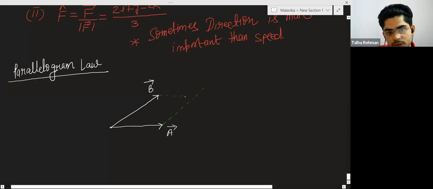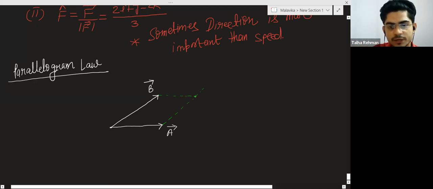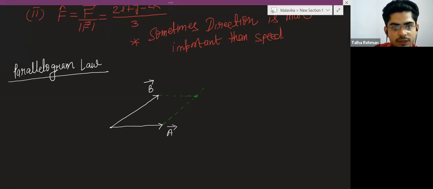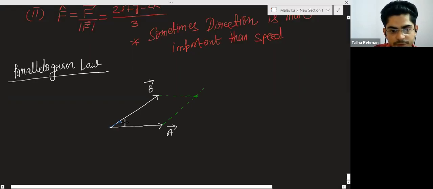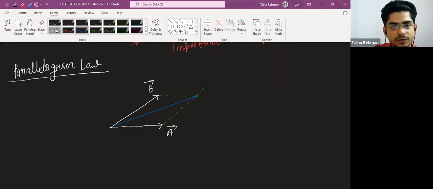If you do this, then you will get an intersection point, and after that if you join this from here to the intersection point, this will be your resultant vector.